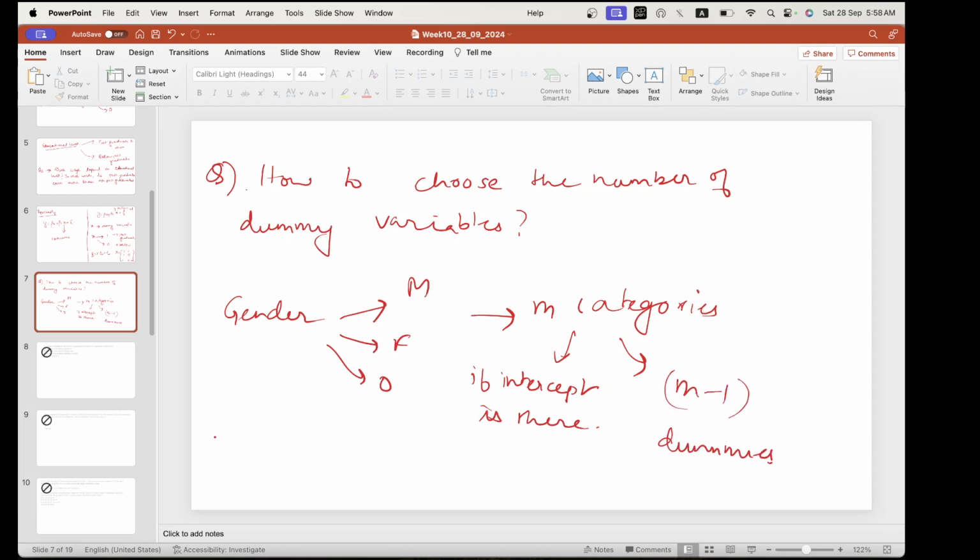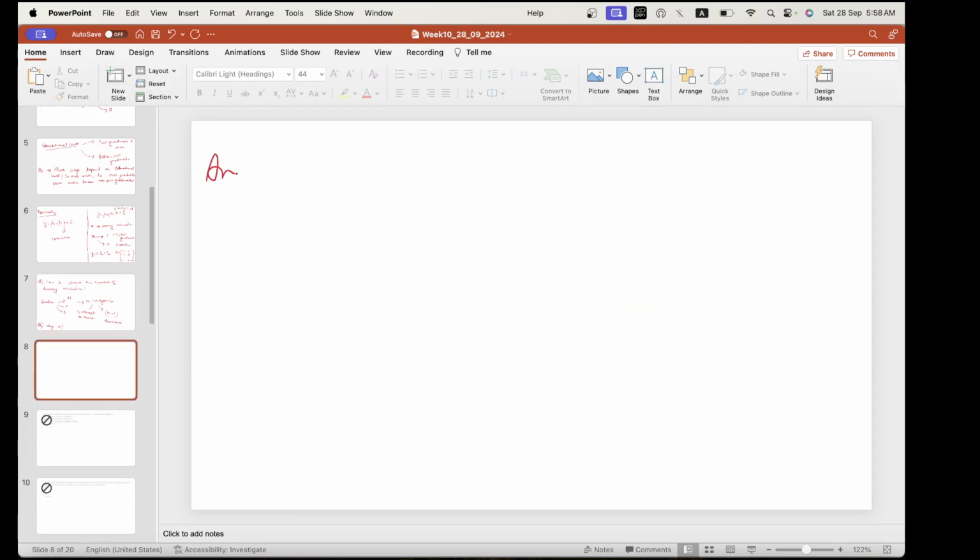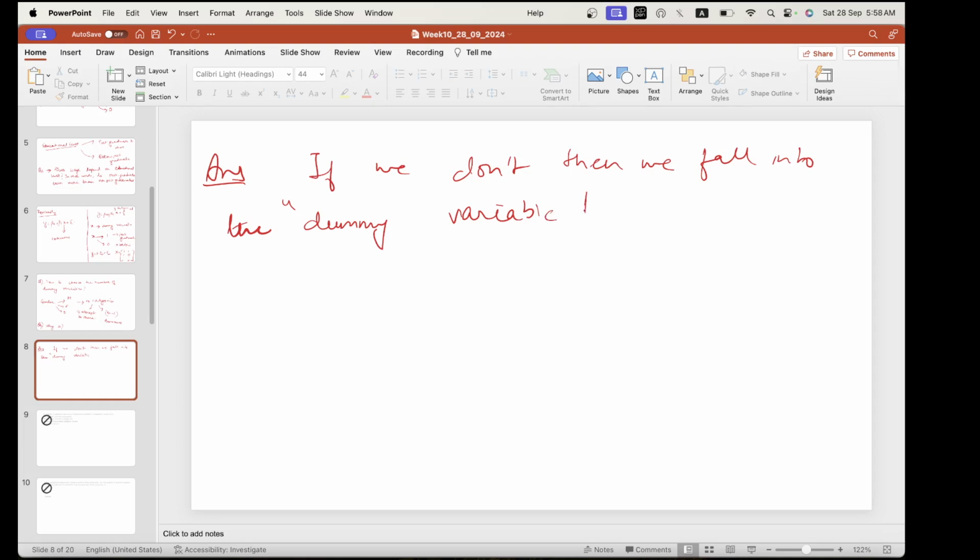Now the question is, why so? The answer to this is, if we don't, then we fall into the dummy variable trap. Now what is this trap?